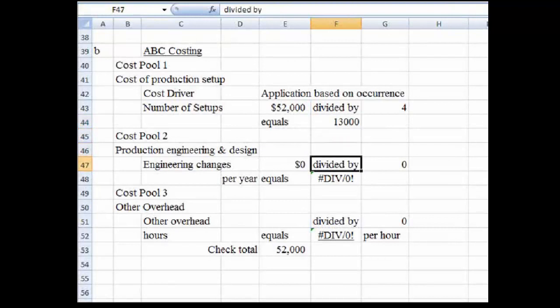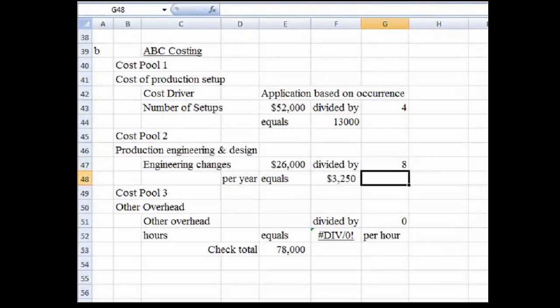Cost pool 2 is to include production engineering and design changes. At the top of page M-113, the book indicates $26,000 per year for engineering changes. That number goes in the cell to the right of engineering changes. In the chart at the top of page M-113, product C shows 6 engineering changes and product D shows 2.